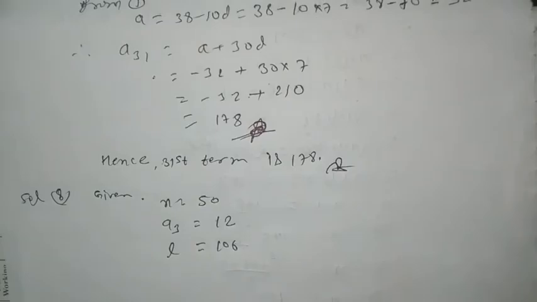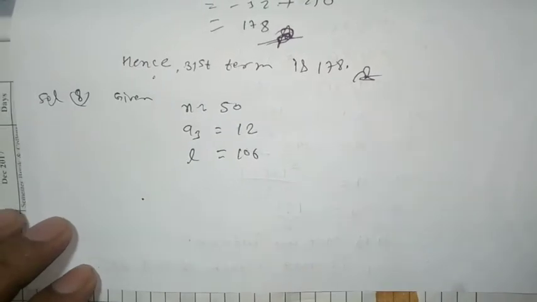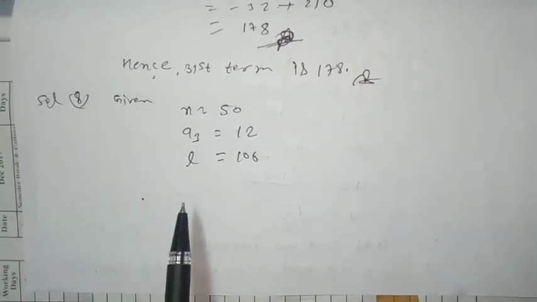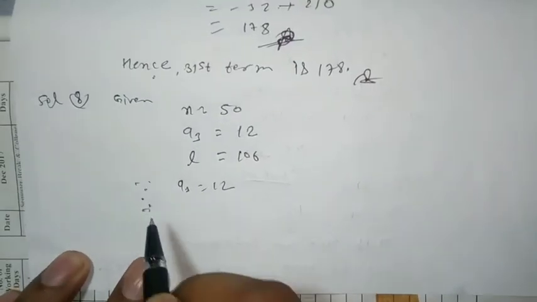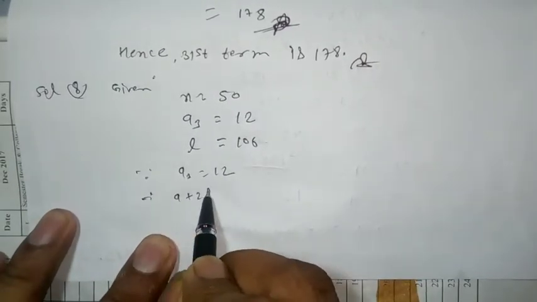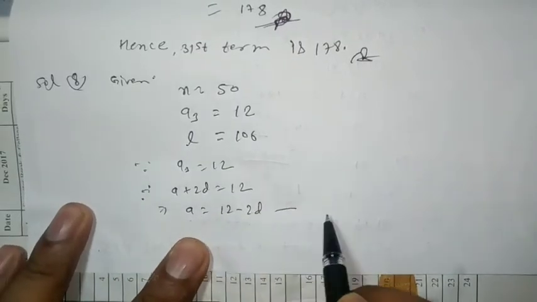Now, because A3 is equal to 12, therefore A plus 2D is equal to 12, implies A is equal to 12 minus 2D, equation 1.